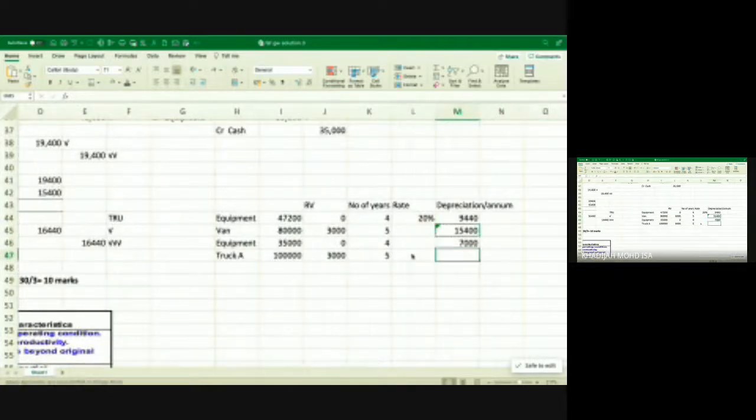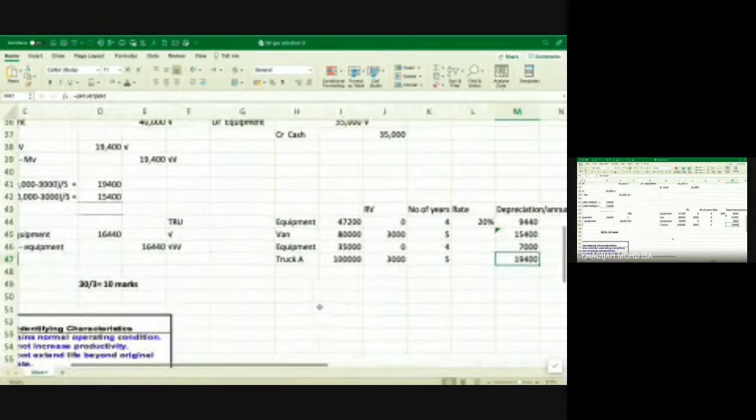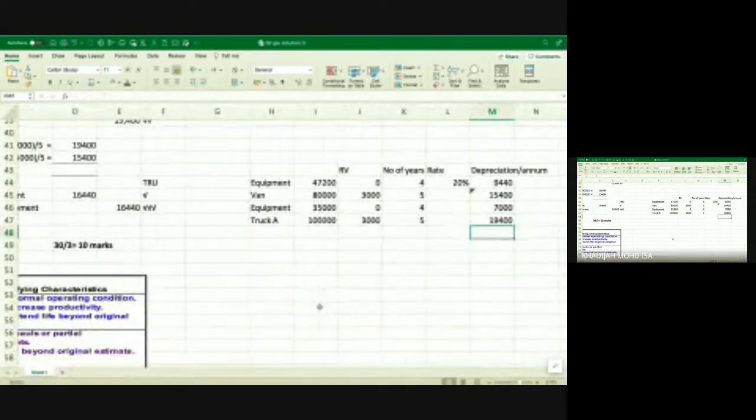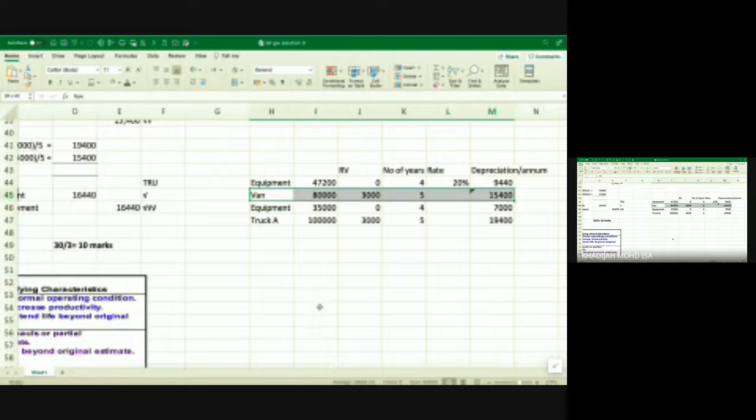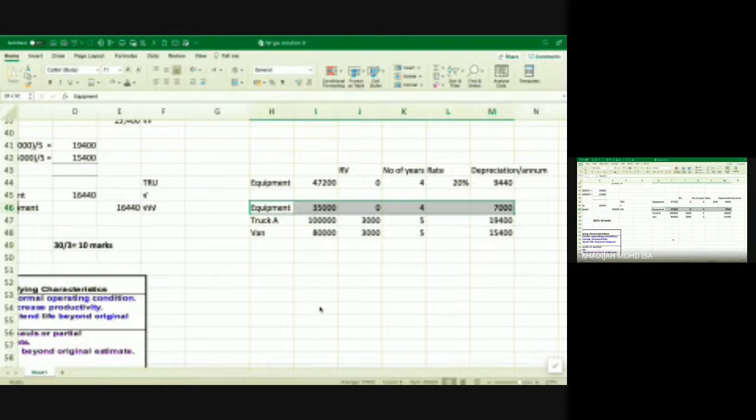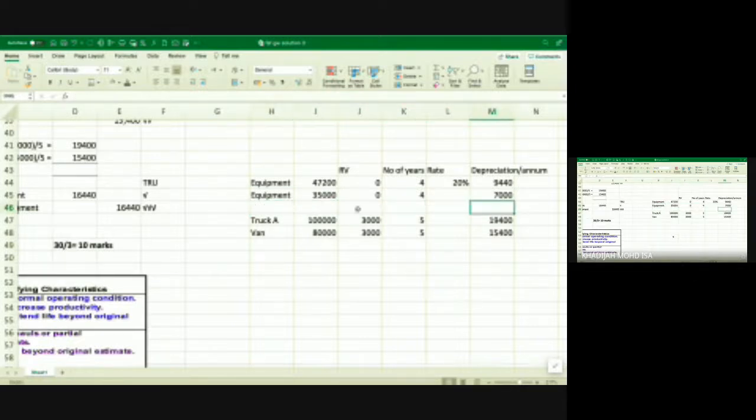Command C, command V. 19,400. Right, so these are the total. This is how you have to do the depreciation. I think that because they are doing it according to the category, right? So, command X. So that's how you get the total of the depreciation.